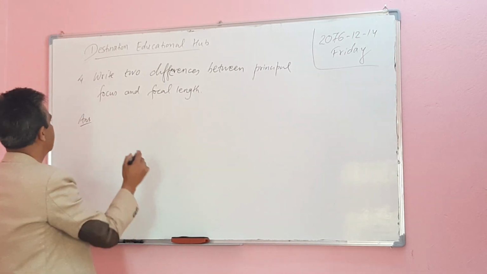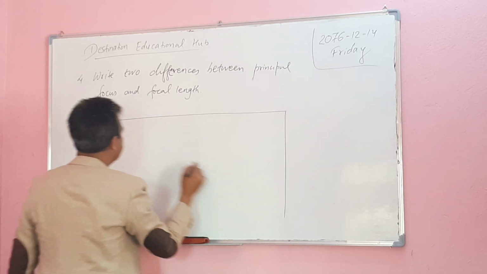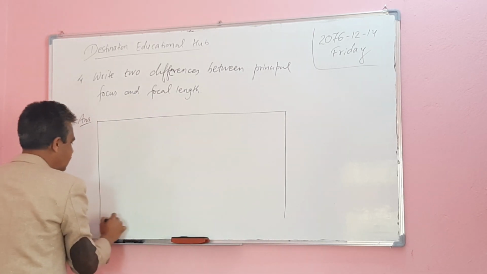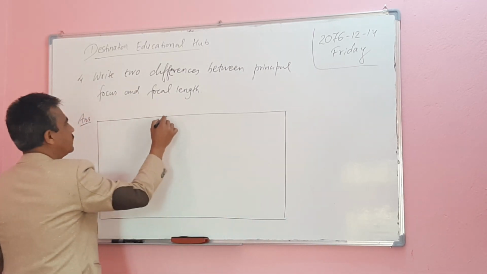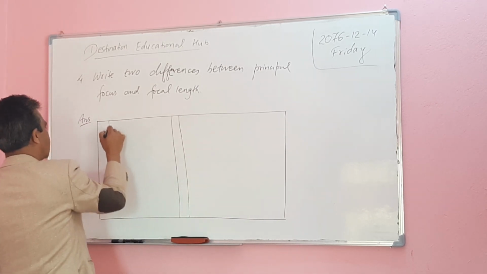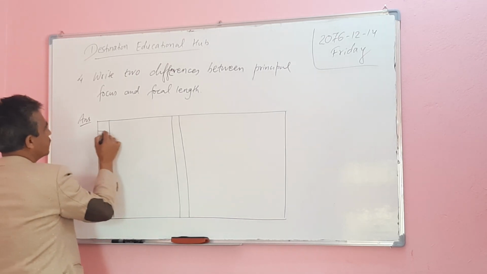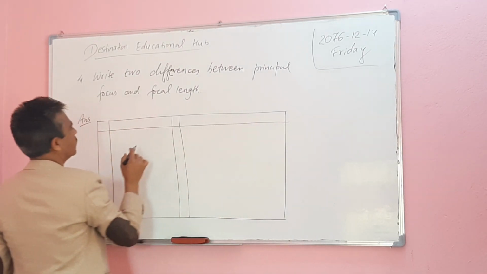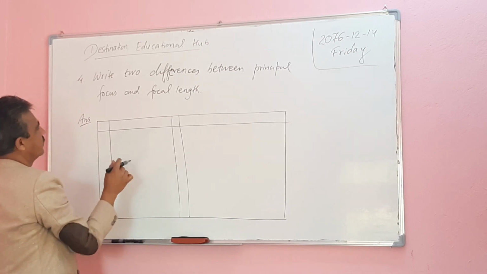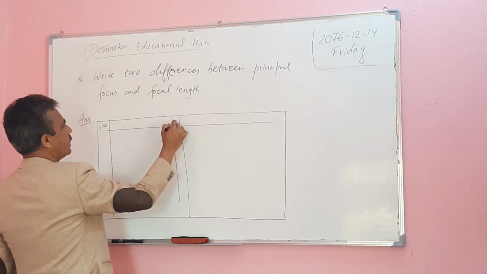So what is the table? The table must also be drawn very effectively and attractively. It depends upon your creativity. Accordingly, you will get the marks. See, simply I have drawn one table and marked here the serial numbers. Good. Then what is the first one?